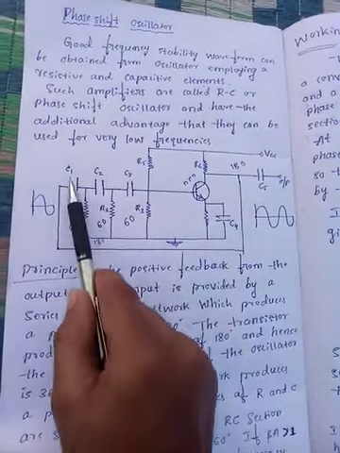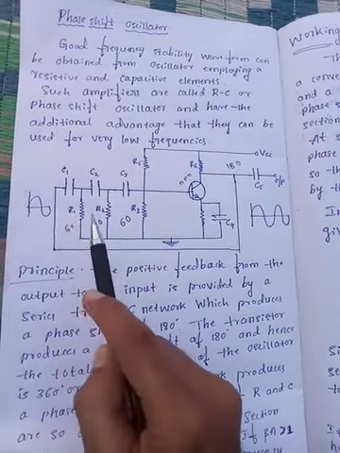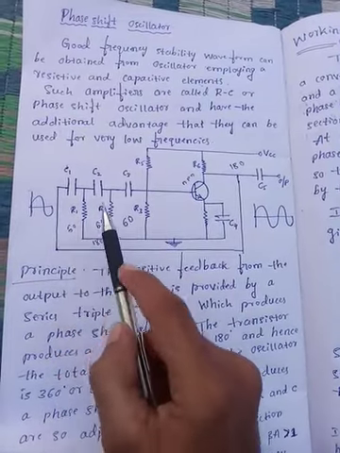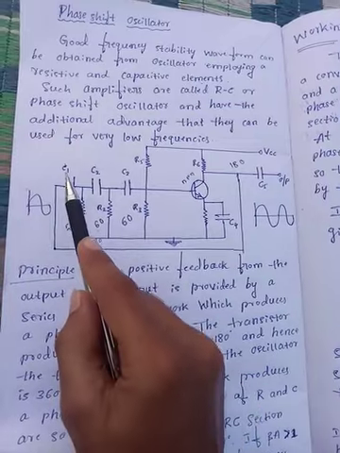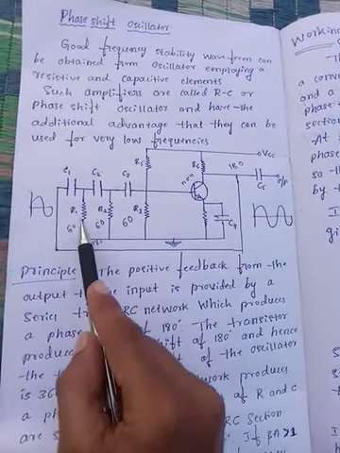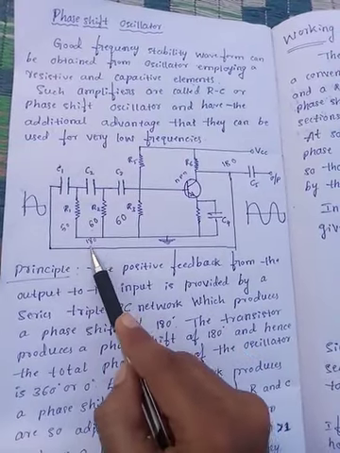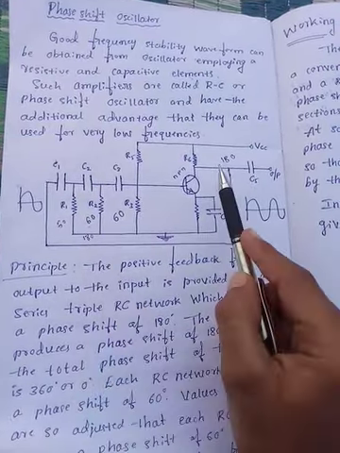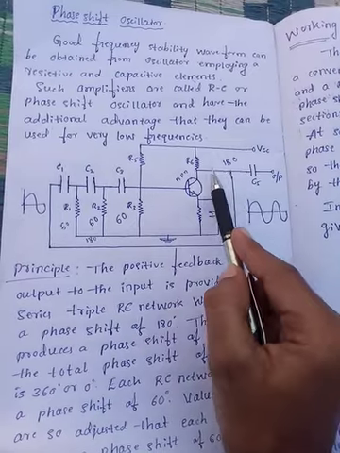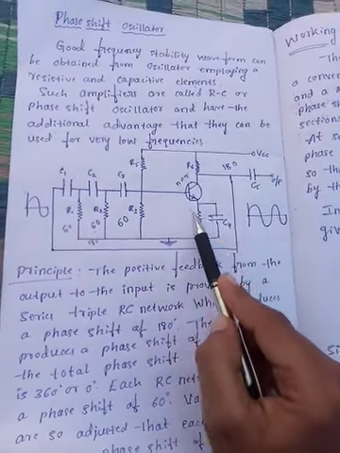Here each RC section produces a 60-degree phase shift. Therefore we have used three RC sections. These components produce a 180-degree phase shift, and another 180 degrees is produced by the transistor.